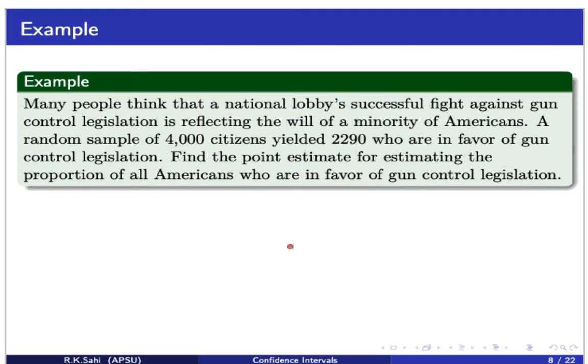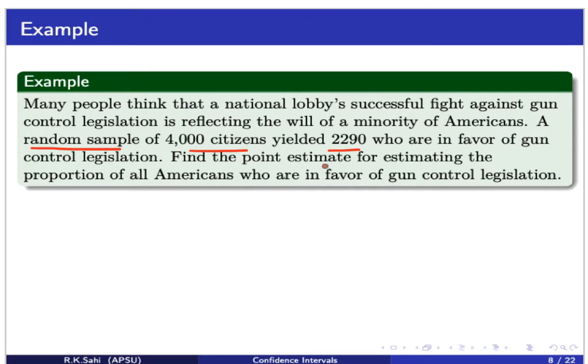Now let's take this example. It says many people think that a national lobby's successful fight against gun control legislation is reflecting the will of a minority of Americans. A random sample of 4,000 citizens yielded 2,290 who were in favor of gun control.